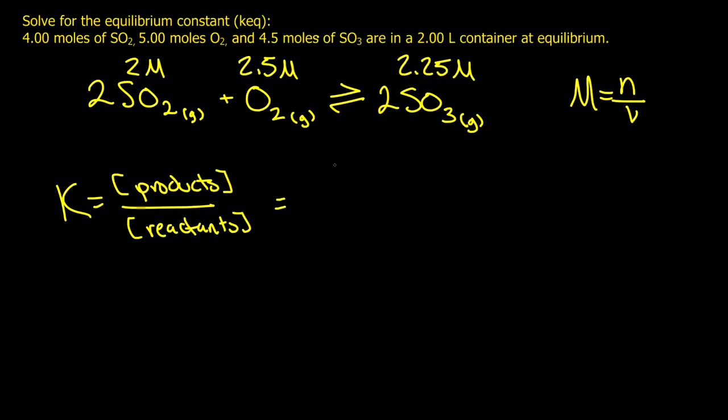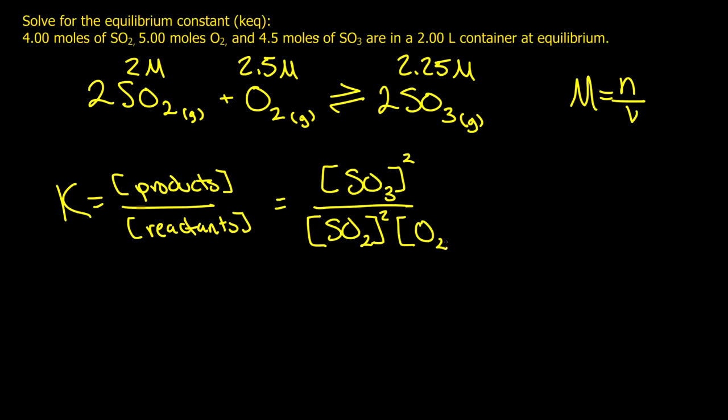That's going to be the concentration of SO3 raised to the second, over the reactants. There's only one product, so we move on to reactants. First reactant is SO2. It's raised to the second, times the concentration of O2. It's to the first. Alright, there's our specific formula for this reaction.